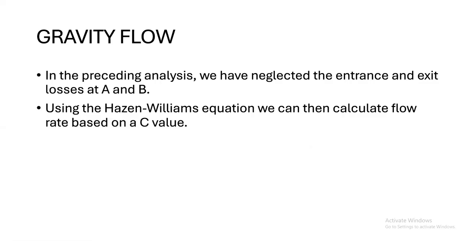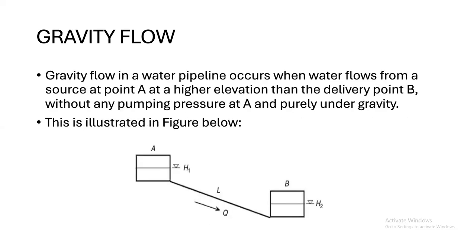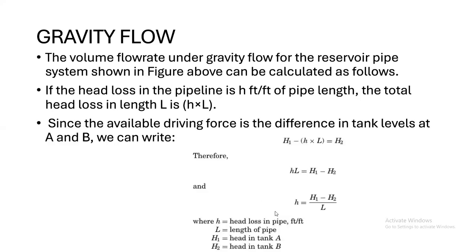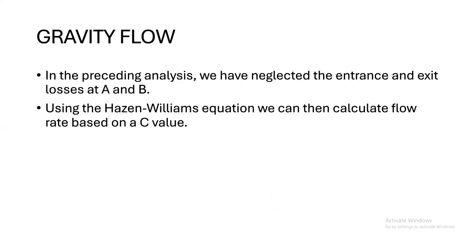In the preceding analysis, we have neglected the ingress and exit losses at A and B. If you remember from my other presentations, when the fluid is entering this pipe, there's a head loss there. There's also a head loss due to fluid flowing along this pipe, and also a head loss as this liquid enters B, but they are usually minor, so that's why they're usually neglected or not included in the calculations.